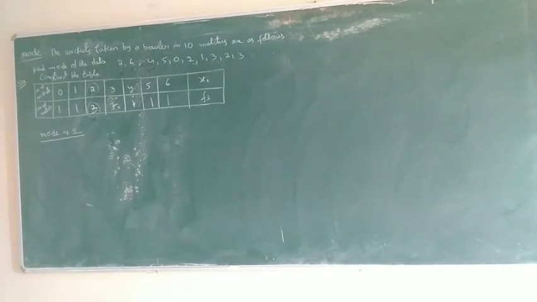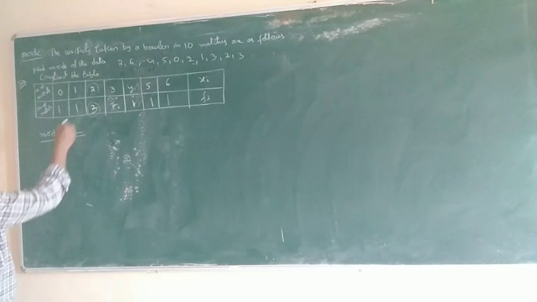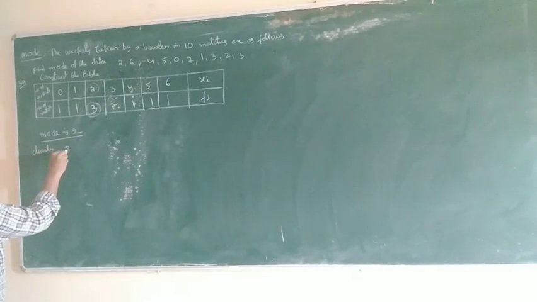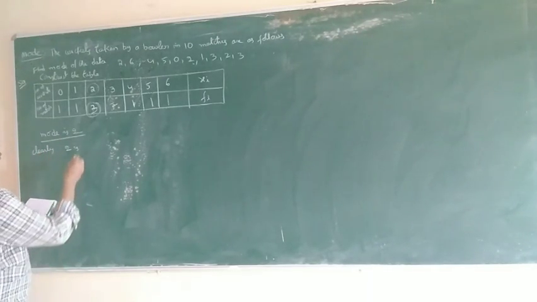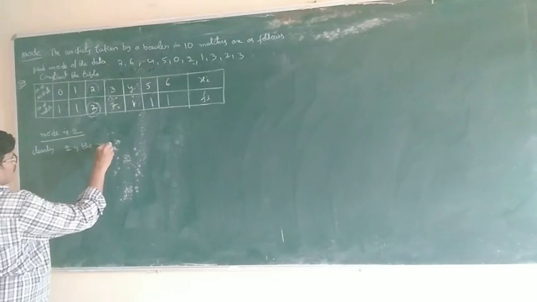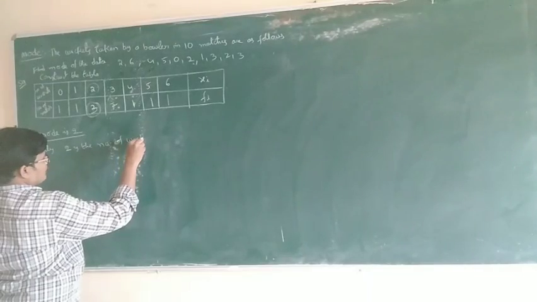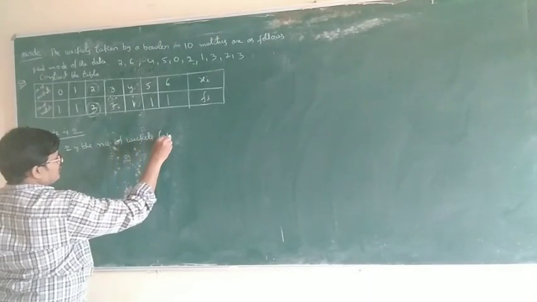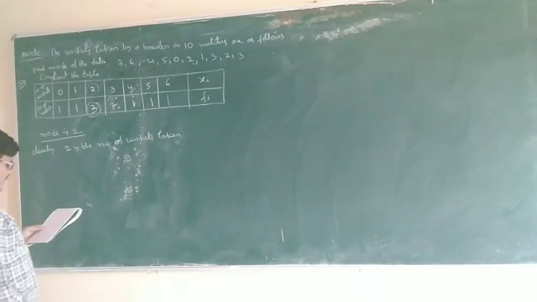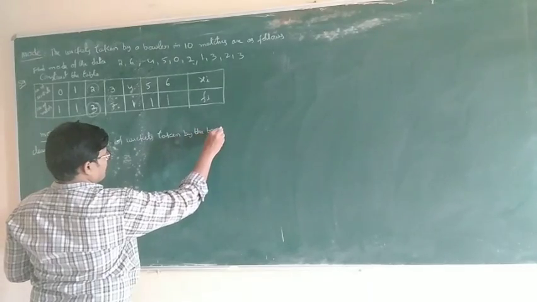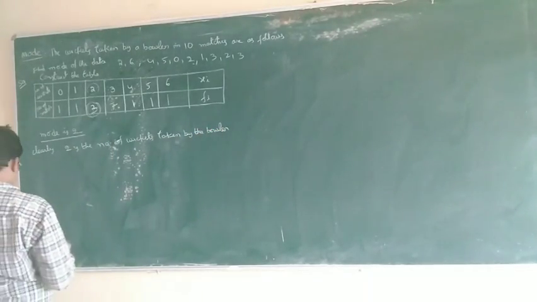The reason is that the maximum number of matches is 3. 2 is the number of wickets taken by the bowler.